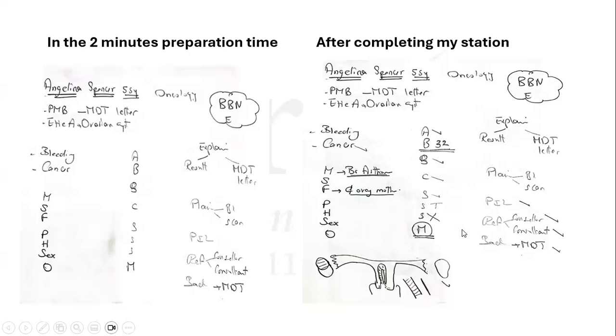So if there is a positive finding that I already documented in my template and I forgot to discuss it with the patient, I will have enough time to do so. For example, if the patient has Rh negative blood group and this is an antenatal case and I forgot to discuss it with her, I will have time to do so.